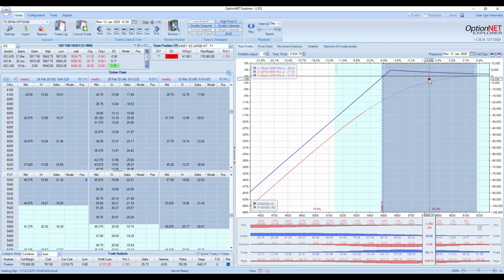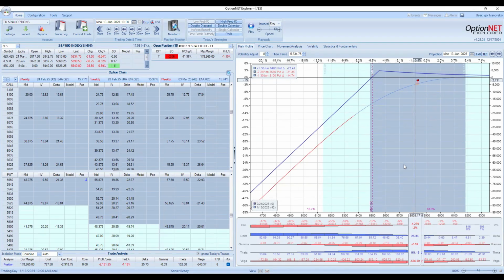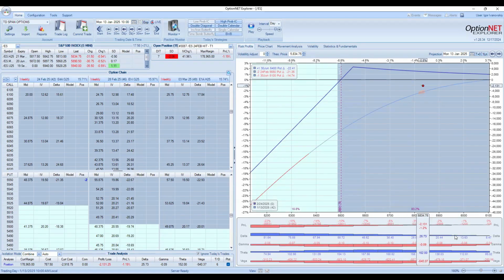So the naked puts is where the problem is. And that is what I need to always, always, always think about and protect. The put debit spreads are there in case I need to fix my problem. Again, my problem is in my short naked puts.